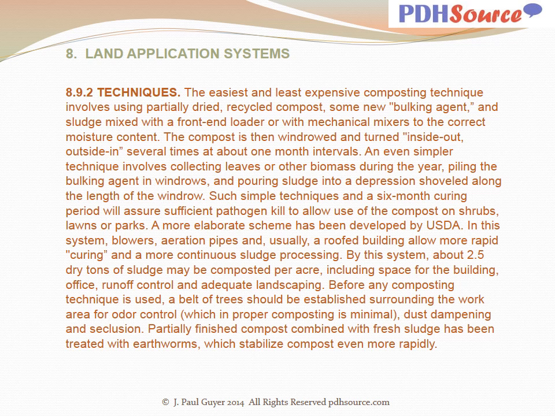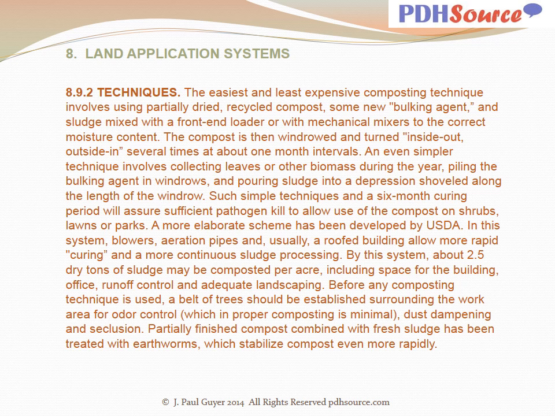The easiest and least expensive composting technique involves using partially dried recycled compost, some new bulking agent, and sludge mixed with a front-end loader or with mechanical mixers to the correct moisture content. The compost is then windrowed and turned inside out, outside in several times at about 1 month intervals.